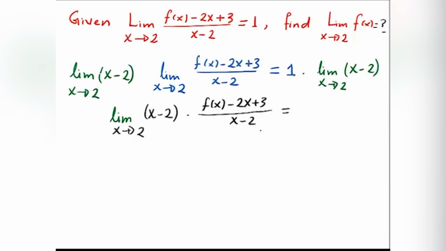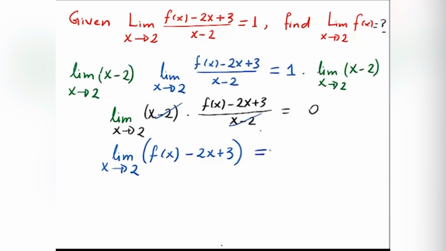And the right hand side is just 1 times the limit of x minus 2 as x goes to 2, which is just 0. The nice thing here is that I can simplify. So this will be the limit of f of x minus 2x plus 3 as x goes to 2 equals 0.